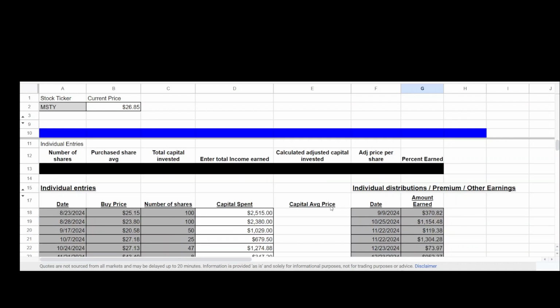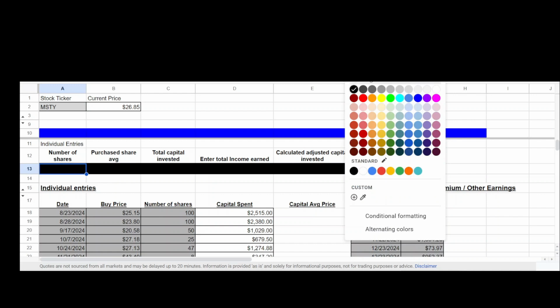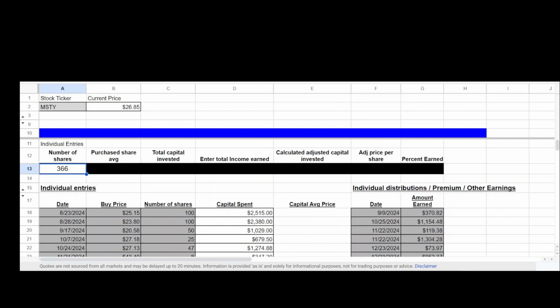So now let's go up here to my little table. Let's see how many actual shares I own. Total number of shares that I own: I have 366 shares total. Now, my average price per share that I have paid for those shares is $25.44.